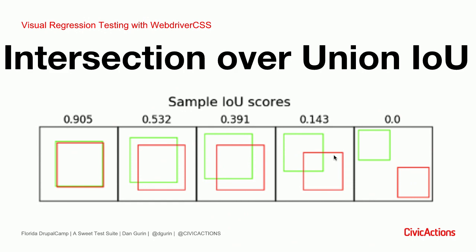So you can set your threshold anywhere within there to say, this is how much tolerance of difference I have for things to change. You can also set this to look at a certain region. You could say, I'm not concerned with the header or footer, I just want to see the content area, and just show me the changes there.